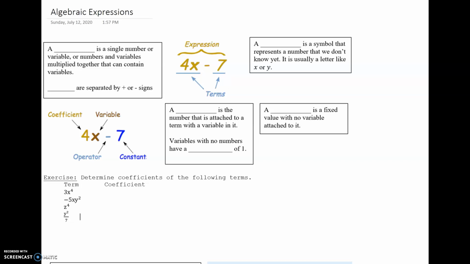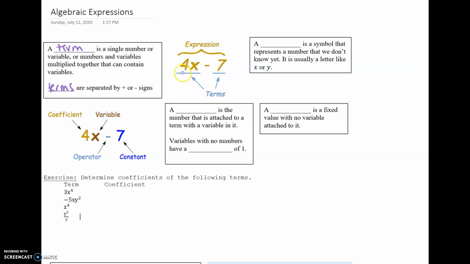So a term is a single number or variable, or numbers and variables multiplied together that contain variables. Terms are separated by positive or negative signs.